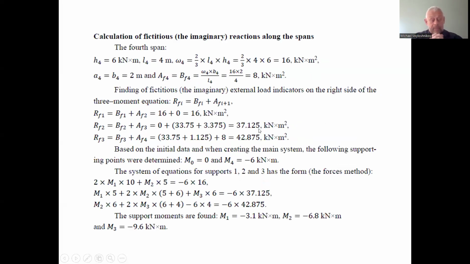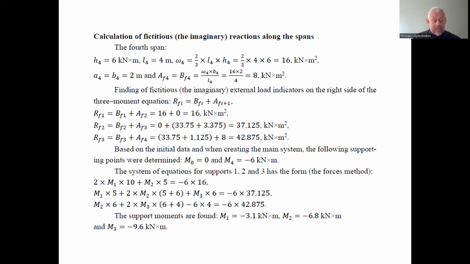So we have 0 and 6 moments. We need the magnitudes of the second and third bending moments in the hinges of the main system.